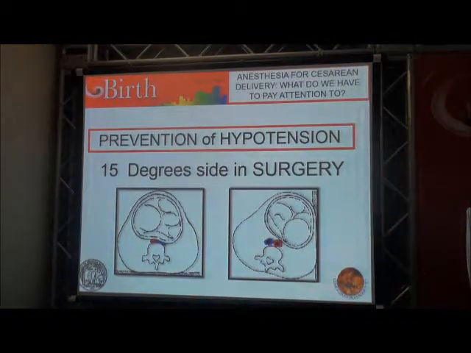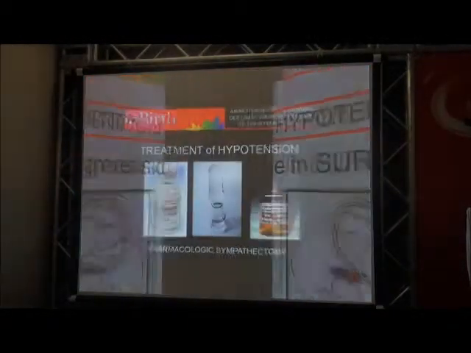On the operating table, the mother has to be tilted 15 degrees at least to avoid inferior vena cava compression. And although this is a little bit more difficult for the surgeon, it is of utmost importance for the fetus to be delivered without maternal hypotension.